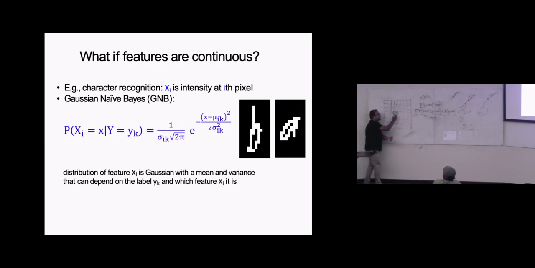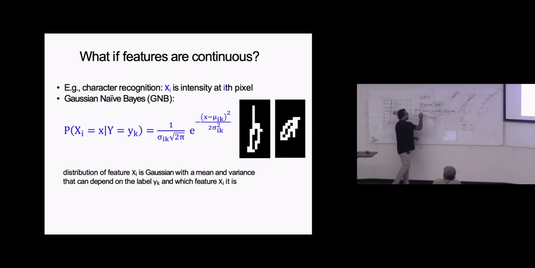The training data set tells you how bright every pixel was. And we are assuming this pixel has nothing to do with that pixel, and that's why we can do this multiplication. Instead of computing the joint probability of all the 64 pixels, we'll just compute one probability for each pixel and multiply them.